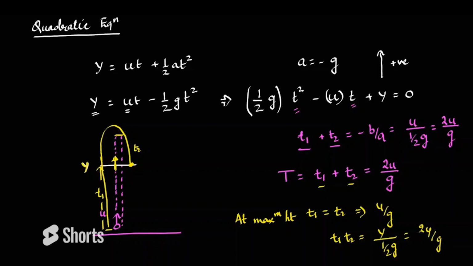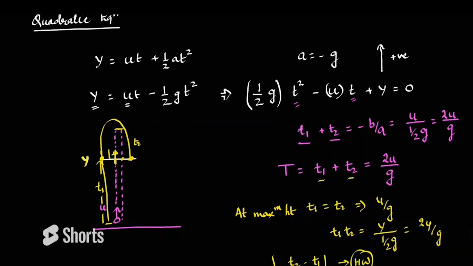And using t1 plus t2 and t1 t2, you can calculate the modulus of t2 minus t1, because whichever is greater I will subtract from it. You can find the time difference between when it is moving up and when it comes back to the same position. This is your homework. Please write down in the comment box how did you solve it.